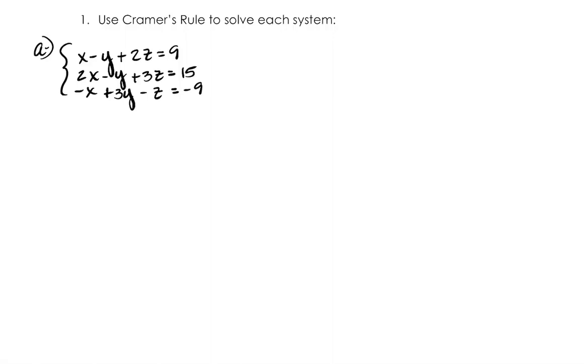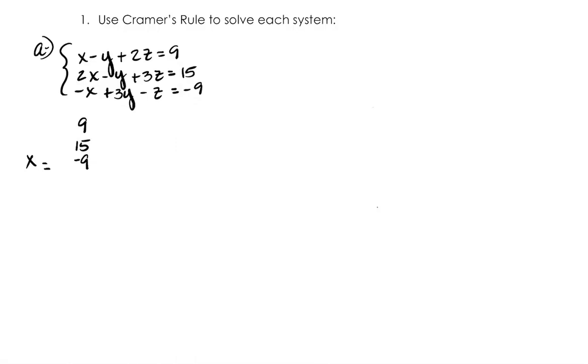To apply Cramer's rule, we are going to take the coefficients of our variables and put them into a determinant. Since we are going to solve for x first, our first column will have these values, which are the solution to our system. So the first column will look like this.